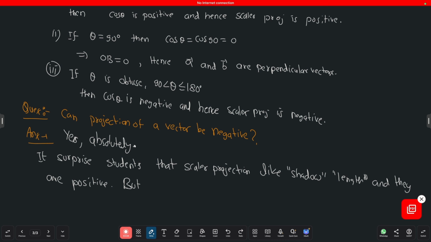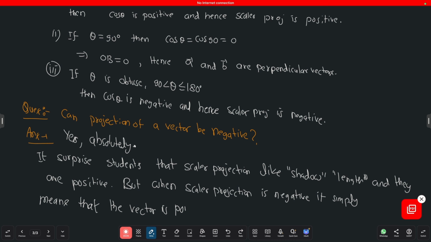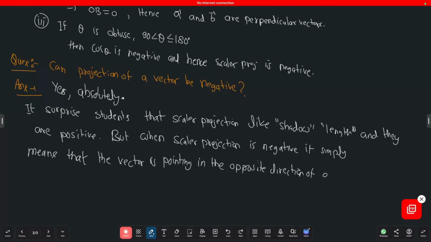But when scalar projection is negative, it simply means that the vector is pointing in the opposite direction of a directed line.